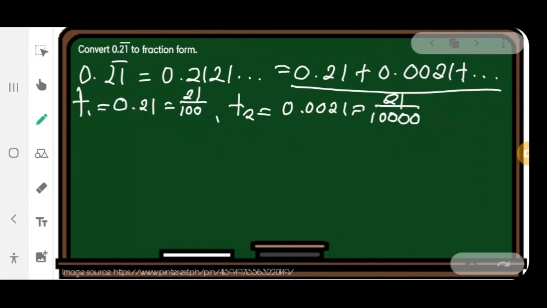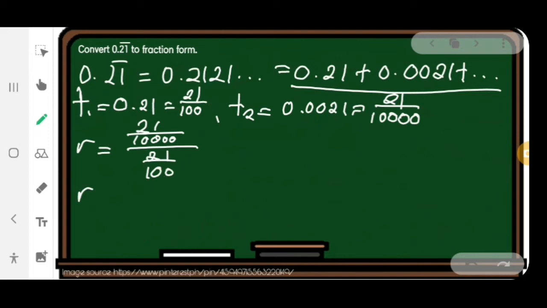And then let us solve for the common ratio. So r is equal to 21 over 10,000 divided by 21 over 100.